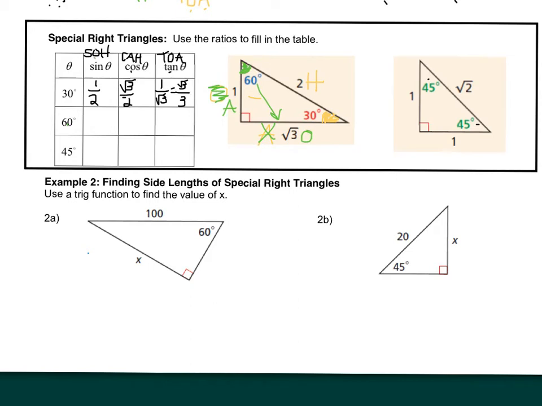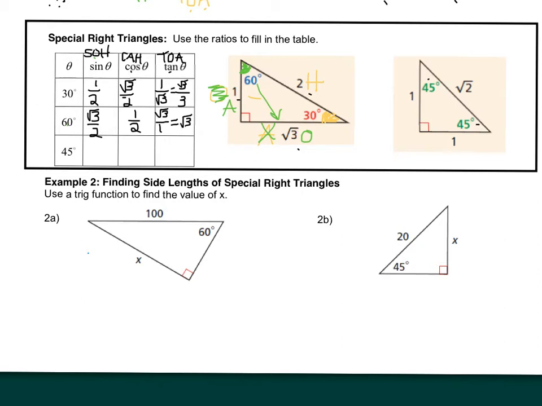We need O and H, so it's going to be the square root of 3 over 2. That doesn't reduce. Next, we'll do cosine of 60. We need A and H, so 1 over 2. And last, we need TOA, O and A, so we need square root of 3 over 1. The square root of 3 over 1 is just the square root of 3.